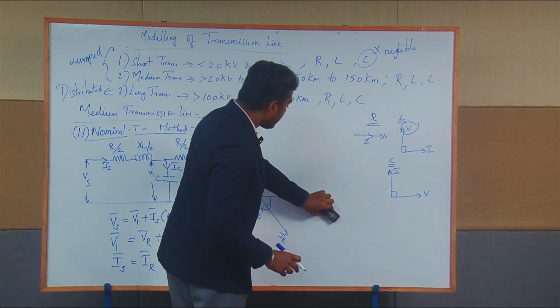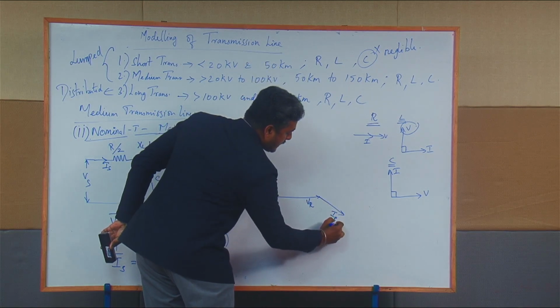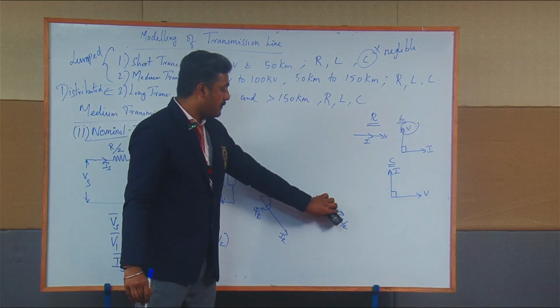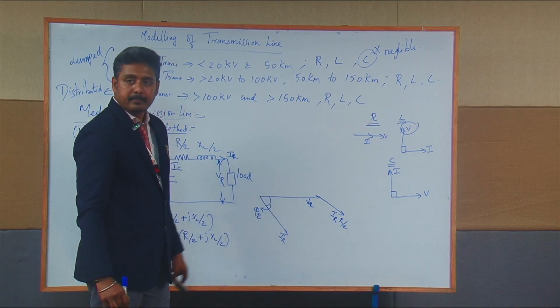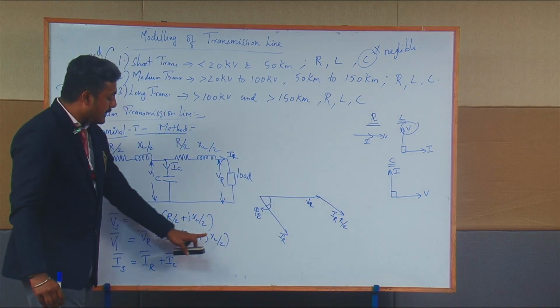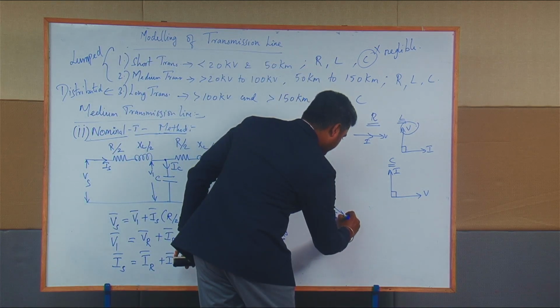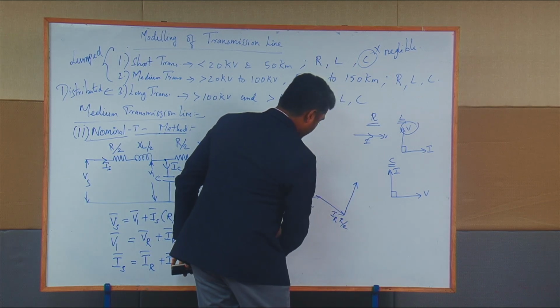I am going to draw the vector IR into R by 2 parallel to the IR vector, since they are in phase, and IR into XL by 2 is perpendicular to the IR vector.